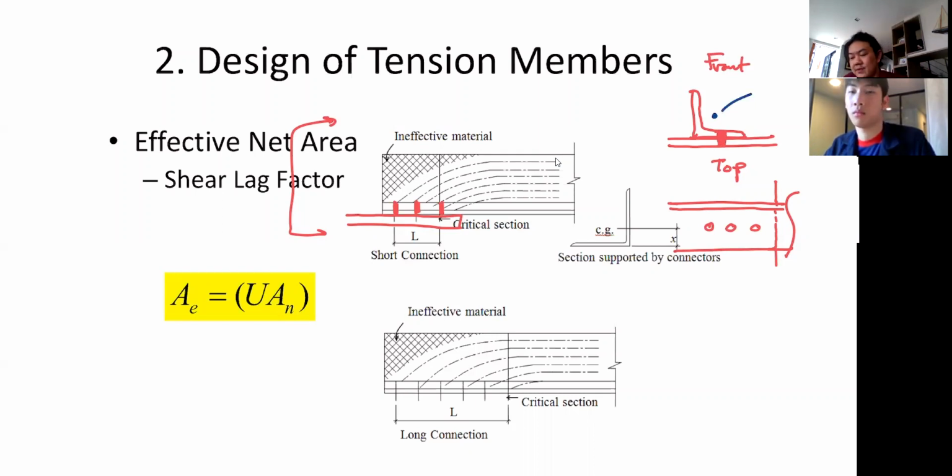And when it reaches the connection, it will try to flow through the bolts as soon as it can, so that it could just continue its travel through the centroid and then down to the bolts to the next path, like that. Okay. So when it wants to do that, there will be an area that it doesn't want to go, right?